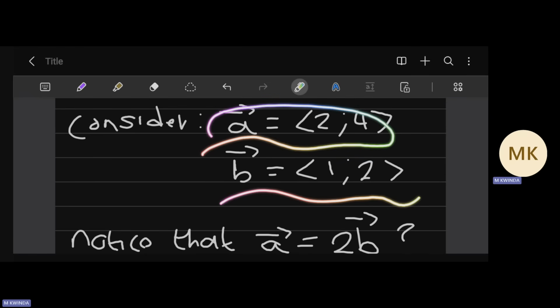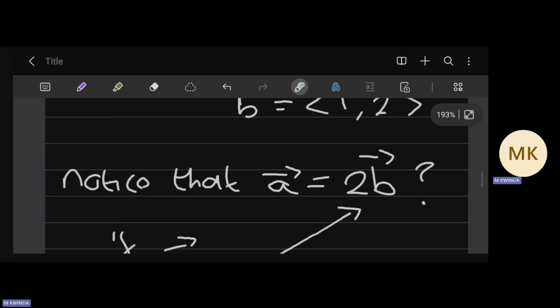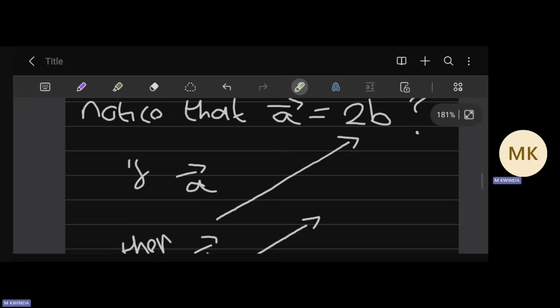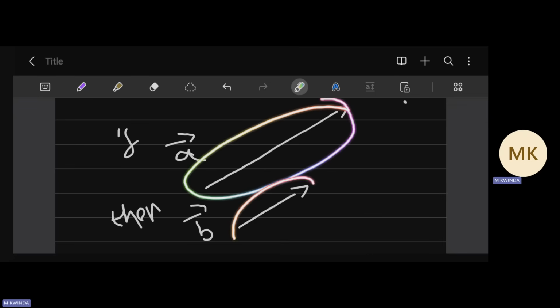If you think of it, notice that A is twice vector B. To go from B to A, you have to multiply by 2, and this side as well, you still have to multiply by 2, right? Or if you think of it in this sense, if A is this long, B is that long. And can you see that they're heading in the same direction?